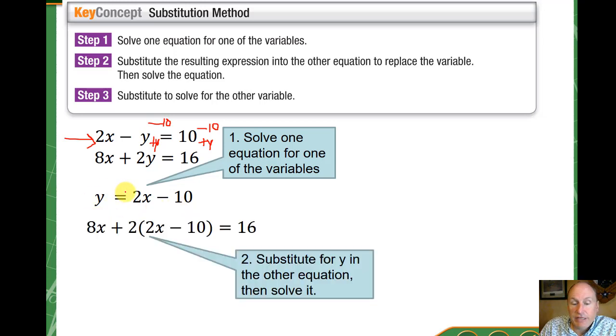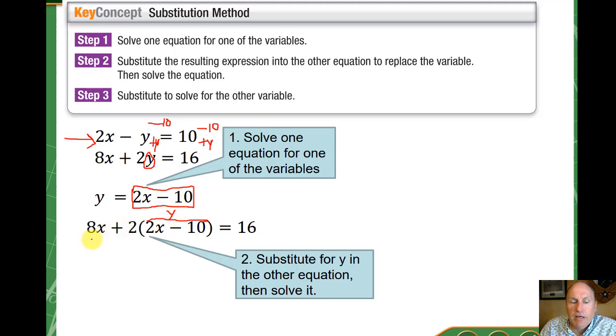Indeed, that is the next step. We're going to take this 2x minus 10, and this is the key to the substitution method. Since 2x minus 10 and y are interchangeable, they are the same thing. Wherever we see a y, and there's a y right here in the second equation, we can substitute in a 2x minus 10.